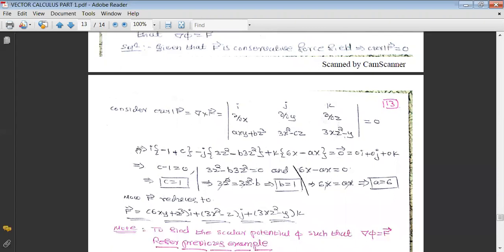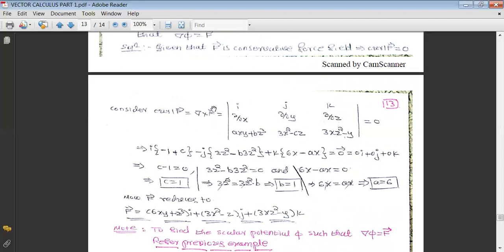Once you expand this, i as it is, differentiate this partially with respect to y, that is minus 1, and differentiate this partially with respect to z, that becomes minus of minus, that becomes plus c. Minus j into, leave this row, leave this column, differentiate this partially with respect to x, that gives you 3z square, and differentiate this partially with respect to z, that becomes minus 3bz square.